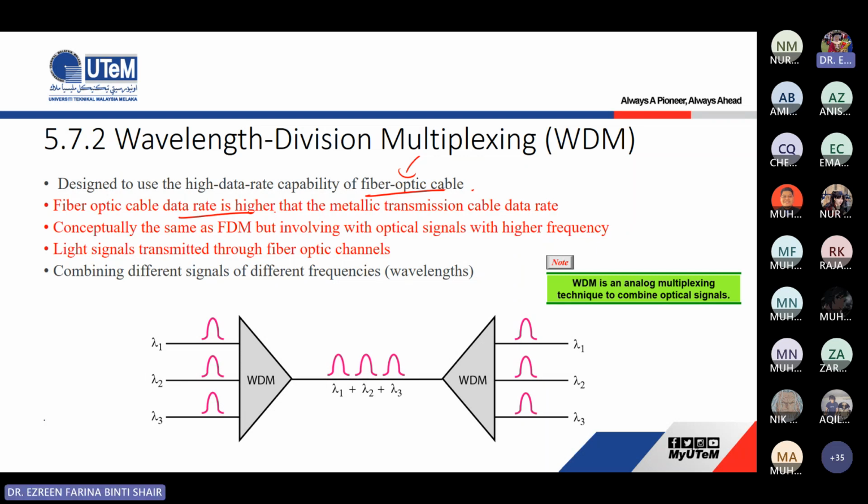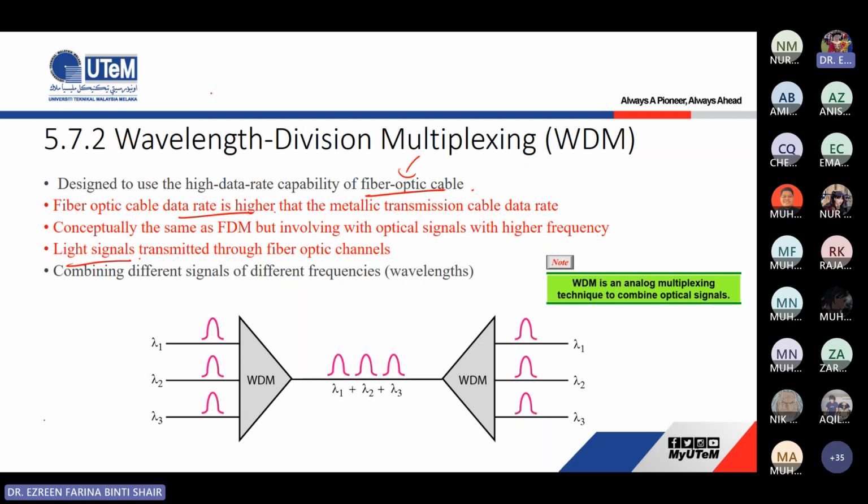When you deal with fiber optic cables, the source signals will be light signals. So the light signals will be transmitted through fiber optic channels. For this kind of application, you need to use wavelength division multiplexing or WDM.